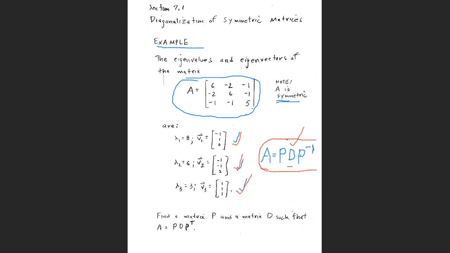But what we're asking now is something a little different. We want to find a matrix P and a matrix D such that the matrix A equals P times D times P transpose.